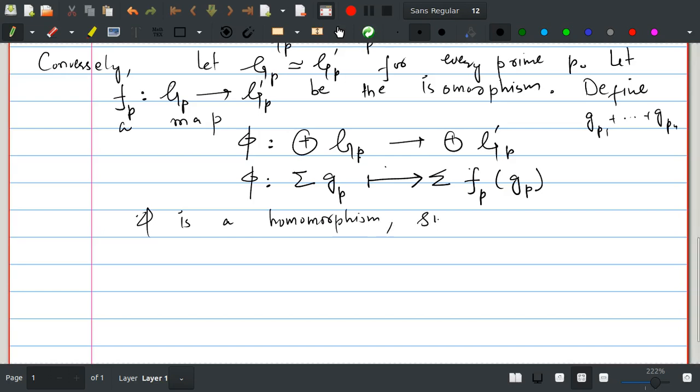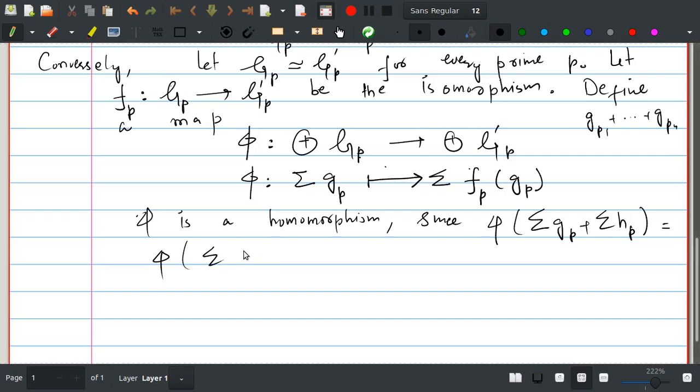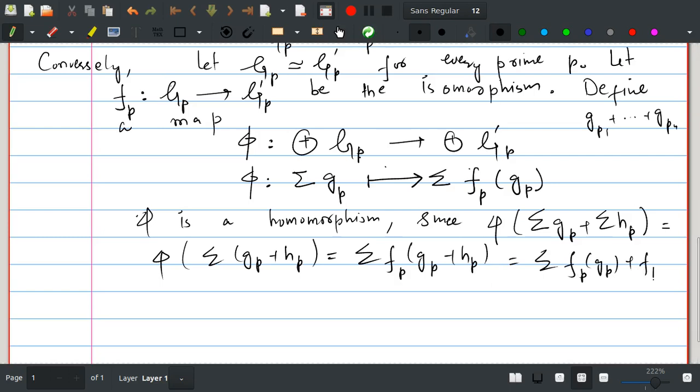Since phi of, let us take two elements here, sum g_p plus sum of say h_p, is the same as phi of the sum of g_p plus h_p, which is the same as the sum of f_p of g_p plus h_p. Now f_p is a homomorphism, so this is the same as the sum of f_p of g_p plus f_p of h_p.